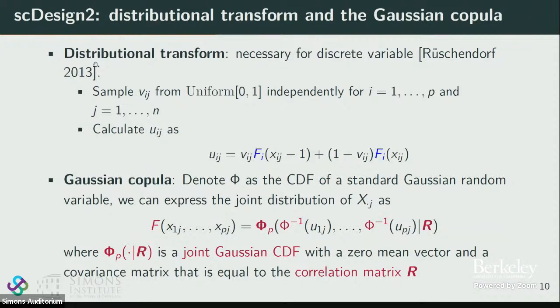And then we use the Gaussian copula to couple the P marginal distributions into a joint distribution. In this Gaussian copula, the only parameter we need to estimate is this P by P correlation matrix. With this, and with the F1 to Fp we estimated for the marginal distributions, we obtain a joint distribution for the P genes.